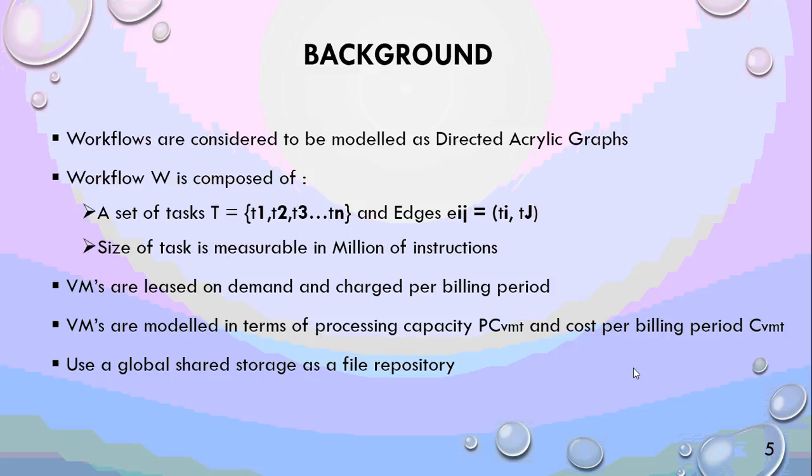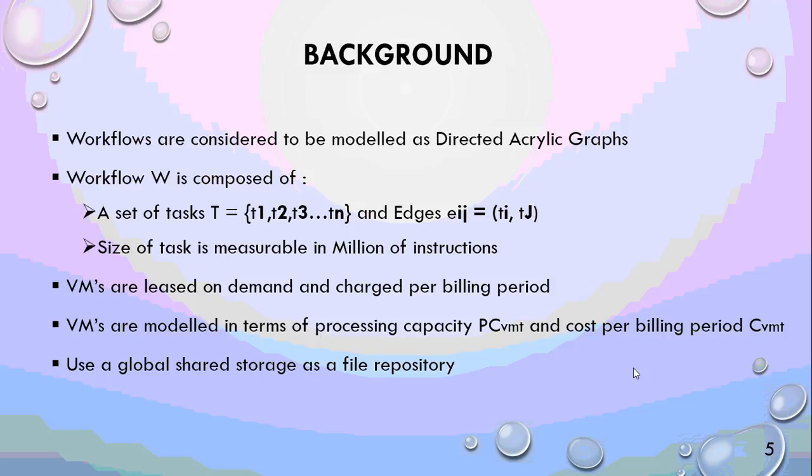And virtual machines are leased on demand and charged per billing period, as I said before. Virtual machines are modeled in terms of processing capacity and cost per billing period. This is nothing but a virtual machine is designed in a way where you can see the capacity, that is how much it can process, and cost, how much it costs for a period.